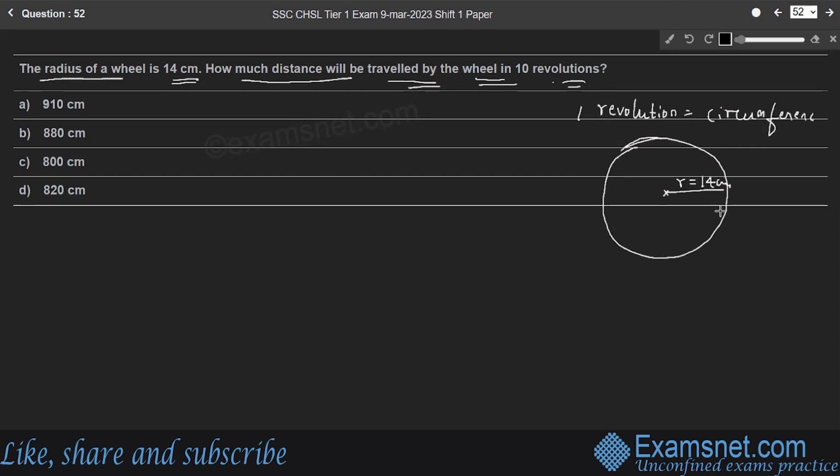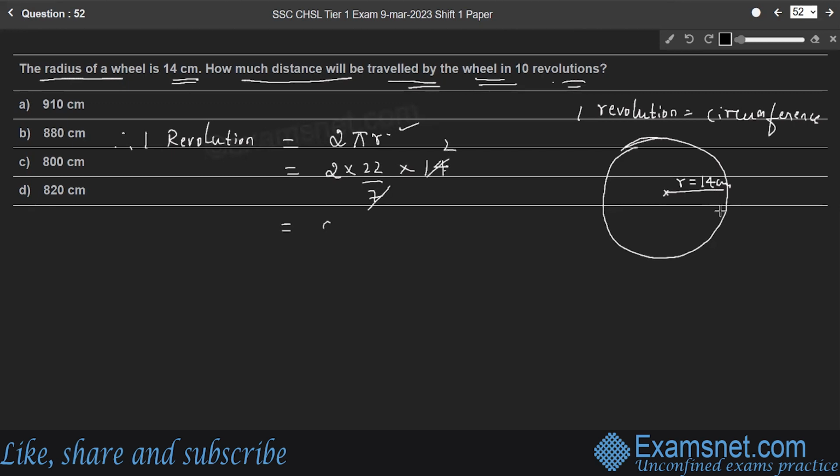So distance traveled by the wheel in 10 revolutions means 10 times the circumference of the wheel. One revolution is equal to the circumference of the wheel, which is nothing but 2 pi r. Circumference of the circle is 2 pi r. Therefore 2 into pi, which is 22 by 7, into the radius of the wheel, 14 centimeter.